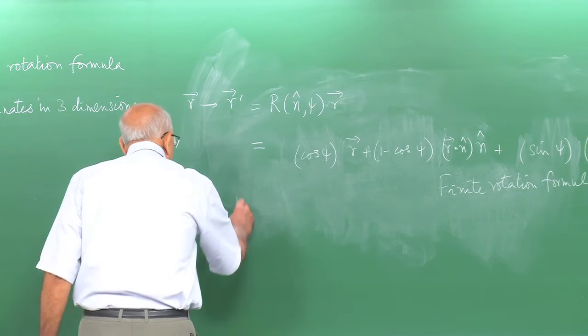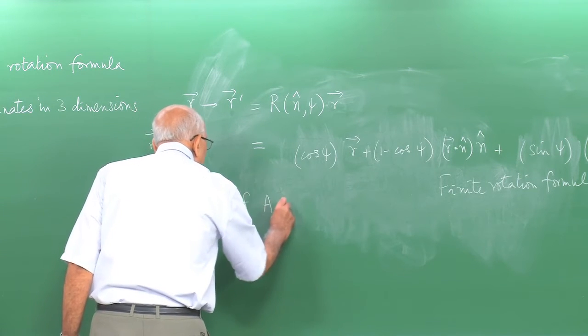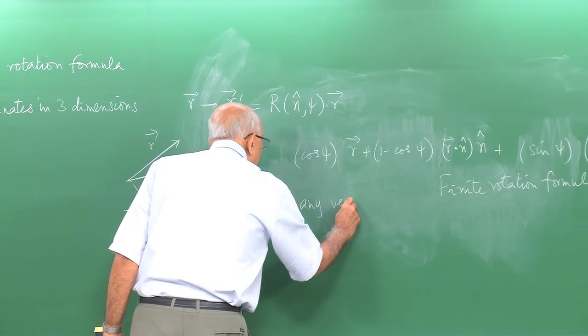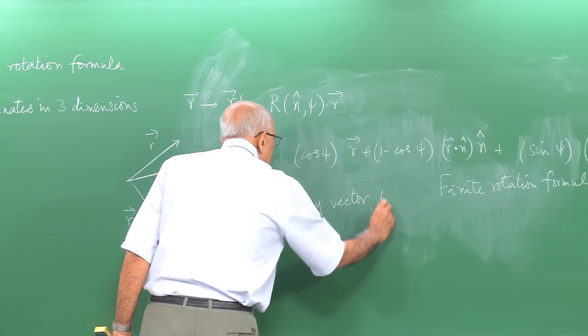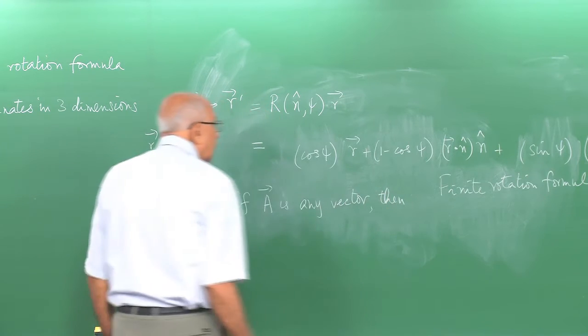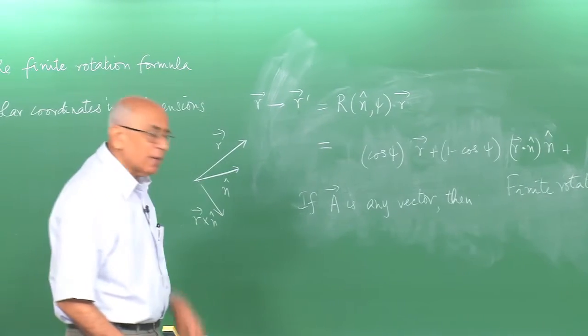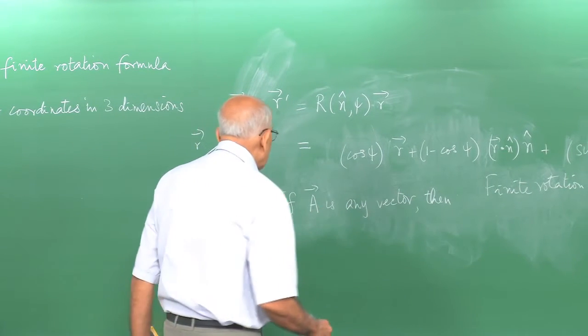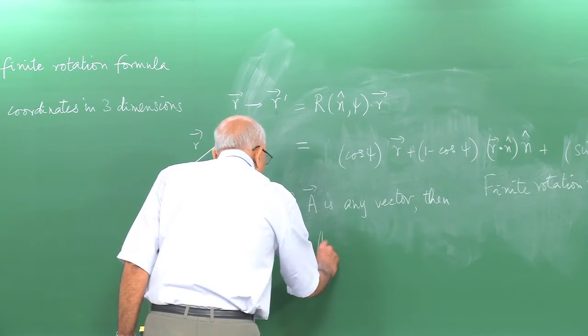So if A is any vector, then under a rotation of the coordinate axes, the new components of A are related to the old components of A by precisely this formula.